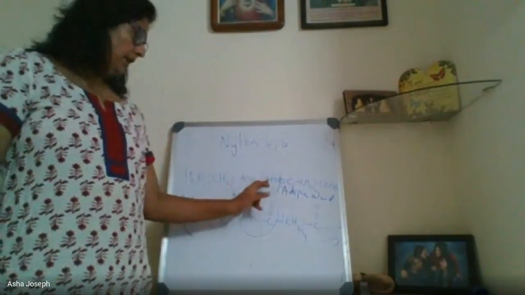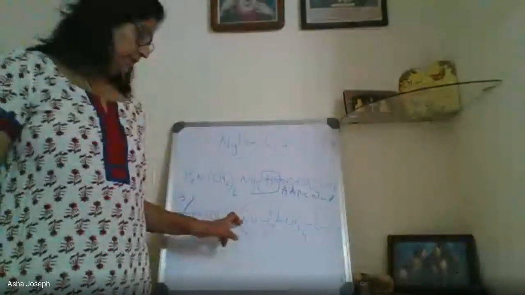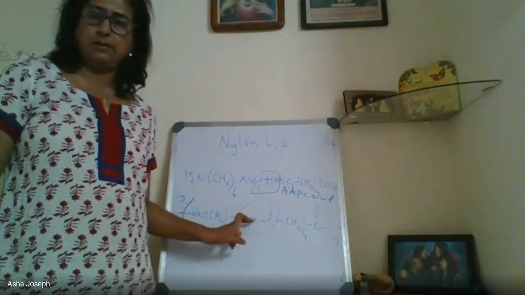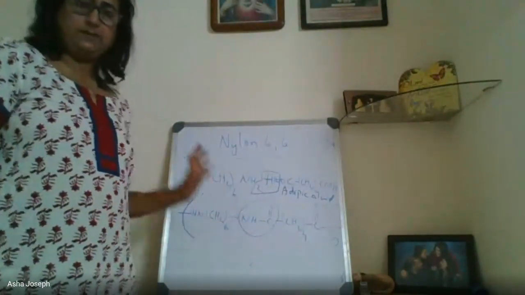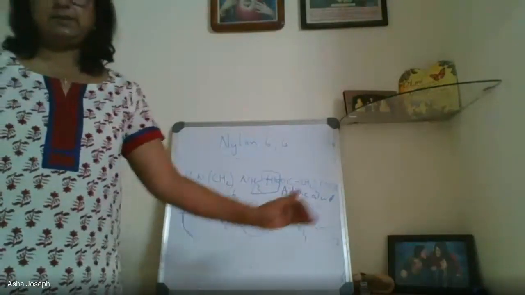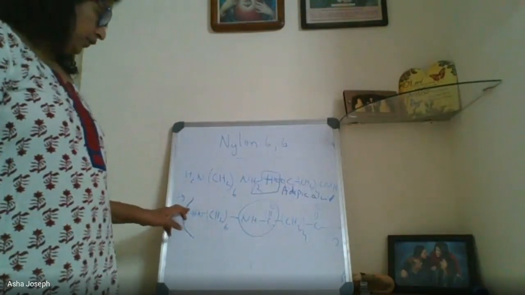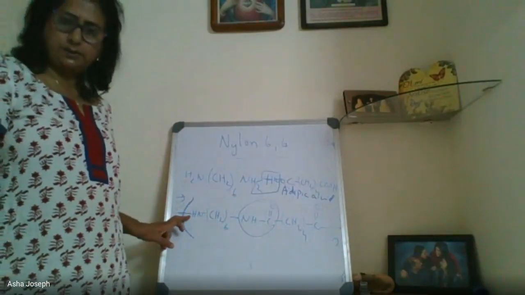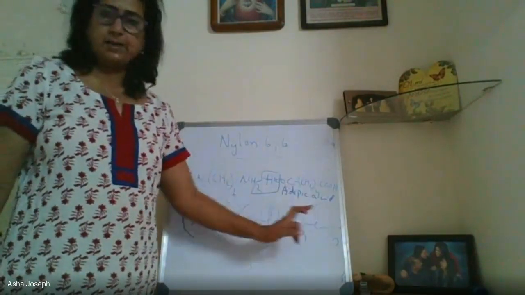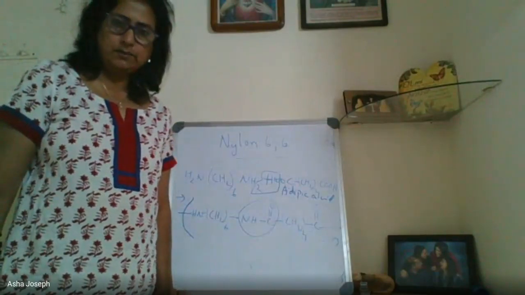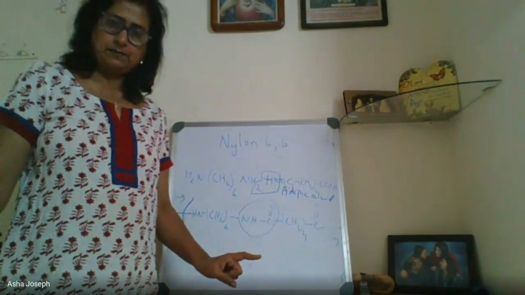So you eliminate and write. So the binding will be the NHCO bond. And now when you write polymer, it means it is a long chain molecule. So you have to remove H from one end of NH2 and OH from the other end of the carboxylic acid group, put n times. Clear?